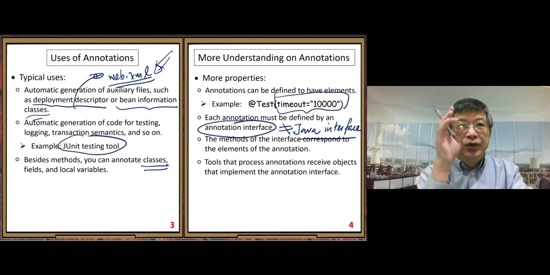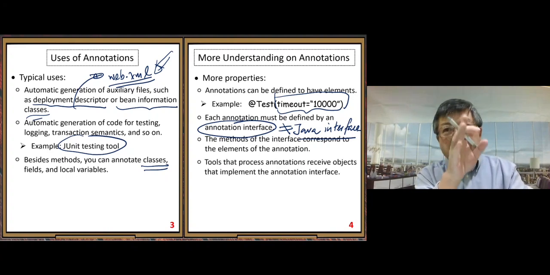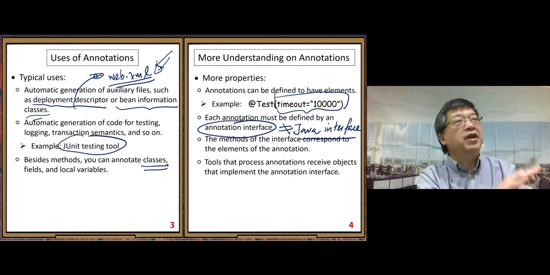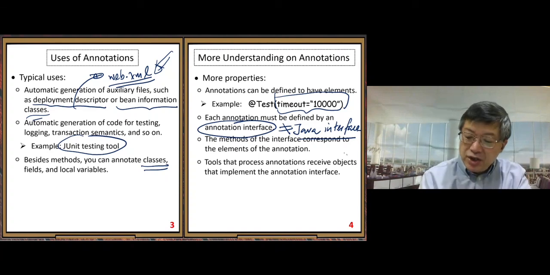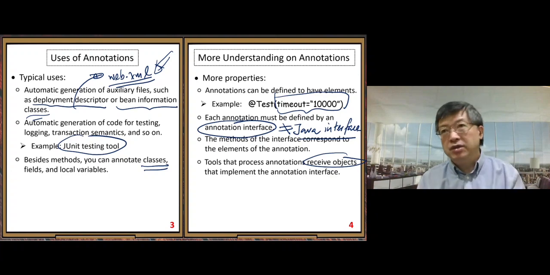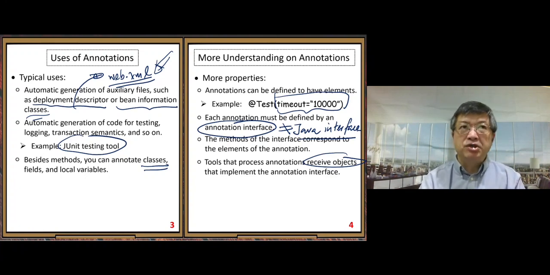All right. Tools that process annotations receive objects that implement the annotation interface. Receive objects. Here, it's pretty vague. How do they receive objects? Pretty vague, right? So in the next video, we will give a little more information about what kind of objects are received.